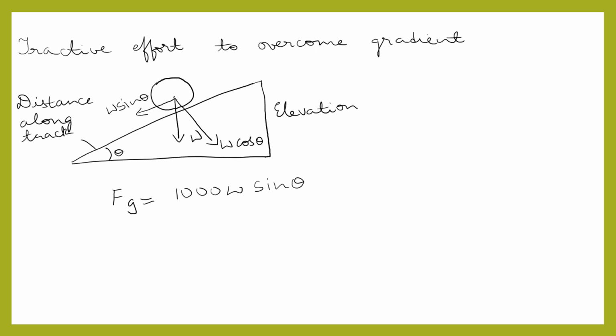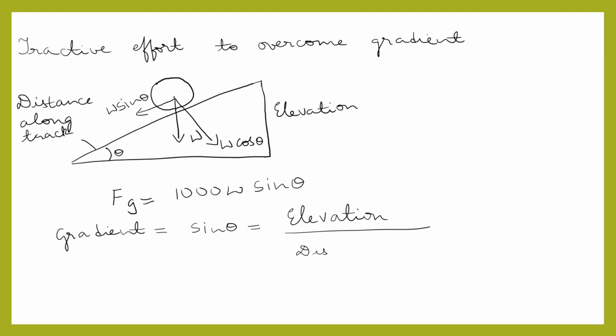In railway traction, the gradient of the track is defined as the rise of the track in meters for a track distance of 100 meters, and it is denoted by percentage gradient G. So we have gradient, that is sin theta, equal to elevation by distance along the track.